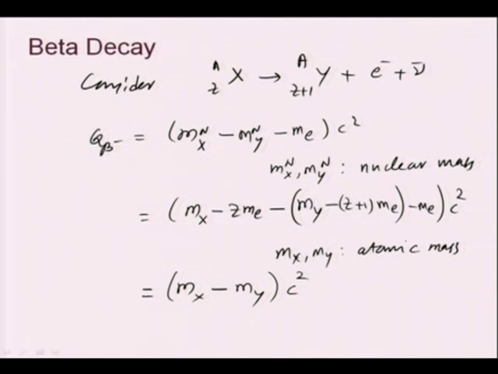There is no electron mass which will come in, it is only the atomic masses of the two nuclei, the parent and the daughter nuclei. The difference of that is the Q factor for this one.